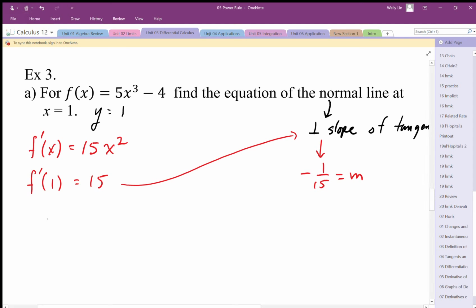So I'm going to write this as y equals, my slope is going to be the perpendicular slope that I worked out. And then I'm going to plug this into my point slope equation. So there it is. There is the equation of the normal line of this graph. Okay, and I'm going to show you what this looks like on Desmos in the next video.